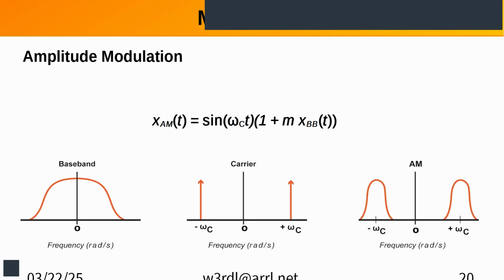And we have a carrier, which we refer to as omega C. Remember, omega is just a shorthand for 2 pi f. It's easier to write. You also have a negative carrier frequency. Nobody ever cares about it because you don't know what to do with negative frequencies, but mathematically, there's a negative carrier.